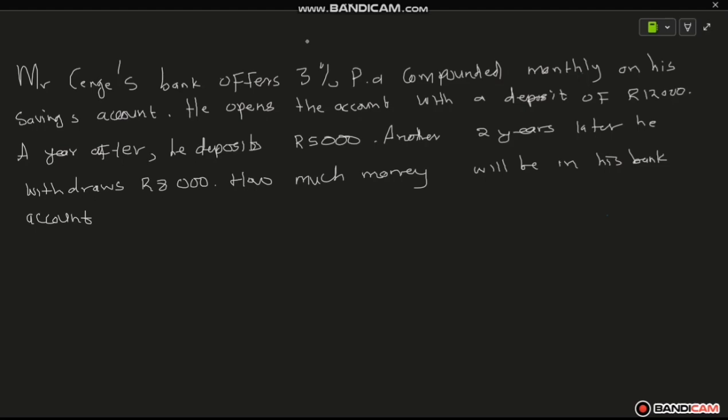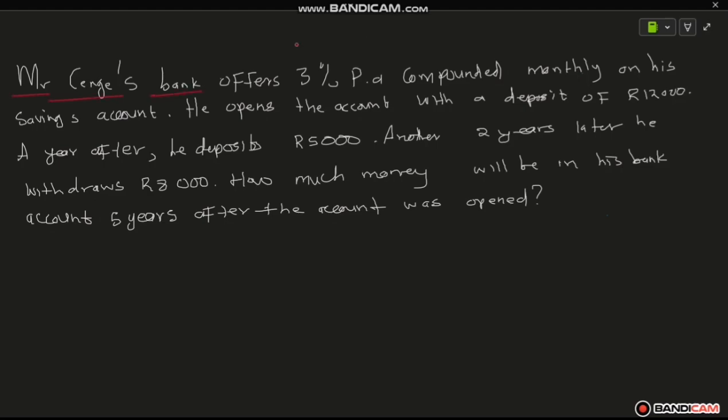Okay, so the formula that we're going to use here, let me just show you quickly, then we'll interpret everything. We saw that the first deposit was 12,000. Let me finish the statement. So let me show you this quickly, then we interpret our thing.